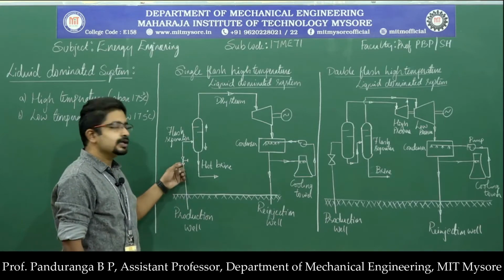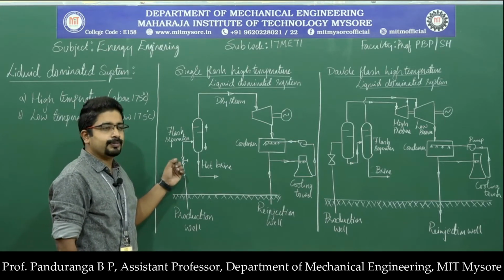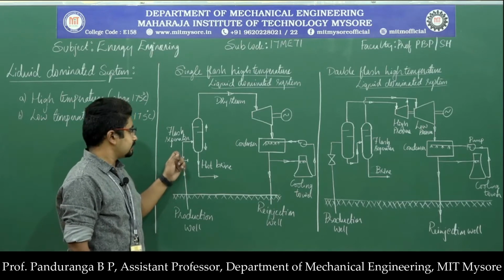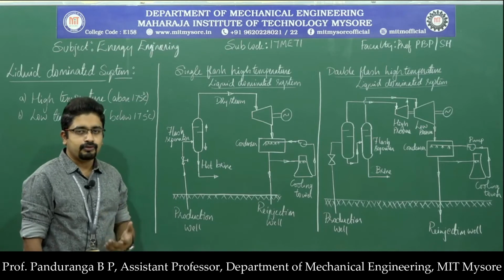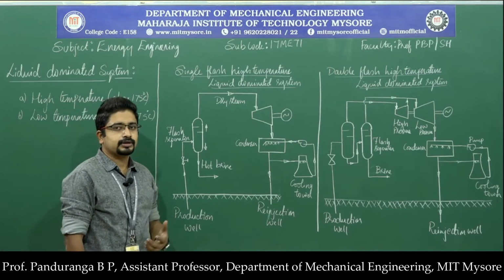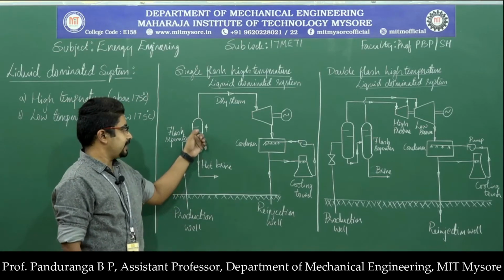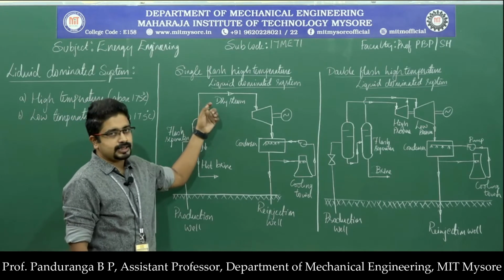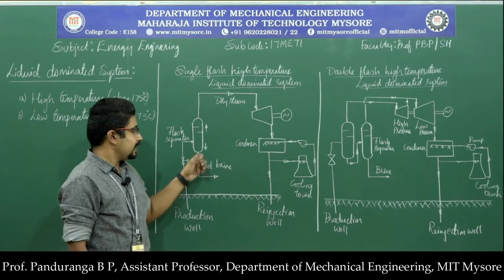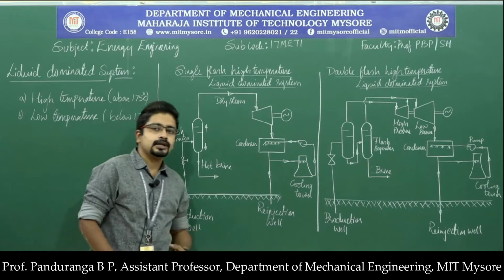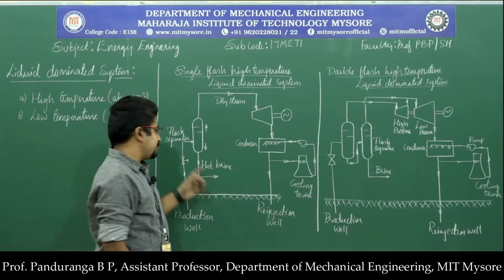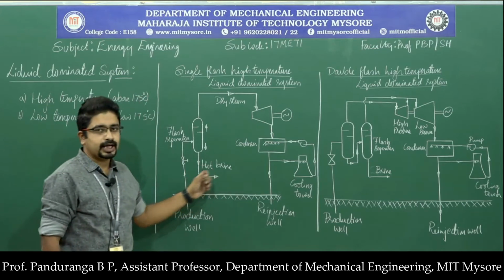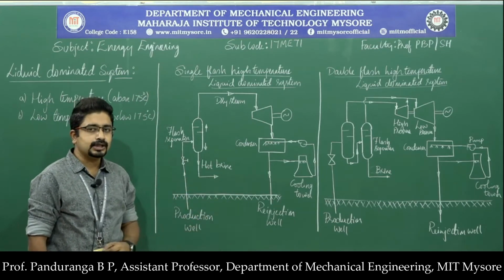We reduce the pressure with the help of a throttle valve, and that results in boiling of water and formation of steam. The steam will be separated and then the dry steam passes through the turbine, and whatever liquid remains will have a higher concentration of dissolved salts and minerals. We call it hot brine, and that will be reinjected back to the geothermal source.